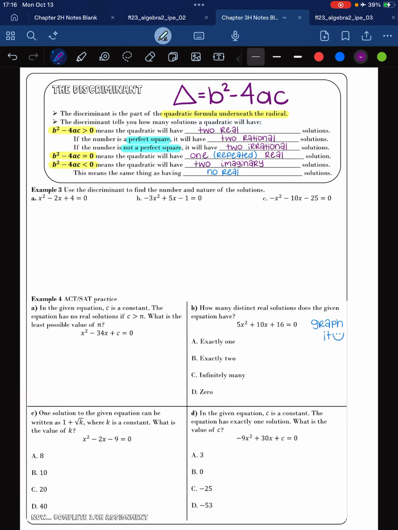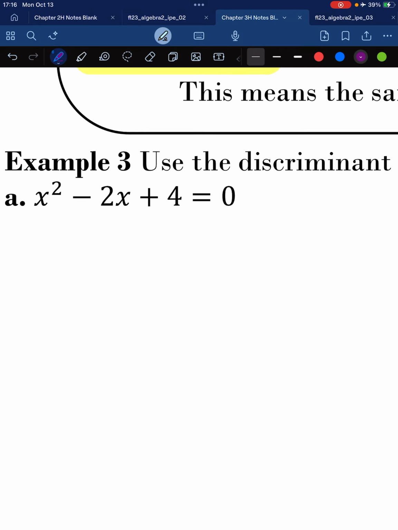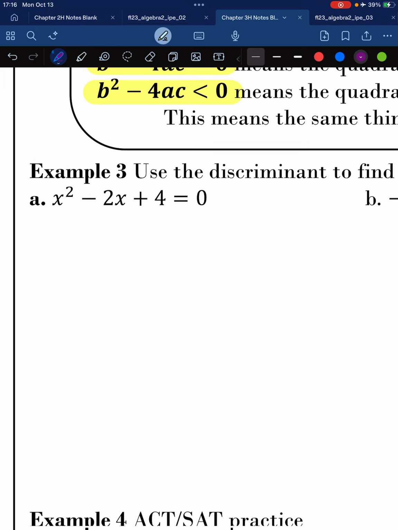So use the discriminant to find the number and nature. We don't actually have to find the solutions, just the number. Is it 1 or 2? And are they real or imaginary? So all I care about is the b squared minus 4ac. So discriminant equals b squared minus 4ac. Make sure you use parentheses on that b or you're going to get the wrong answer.